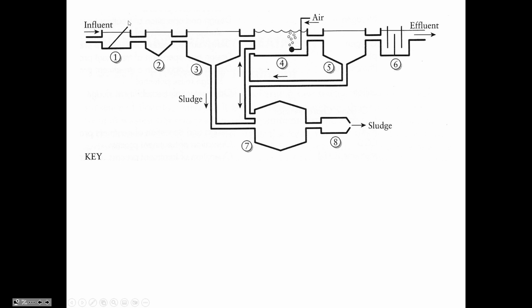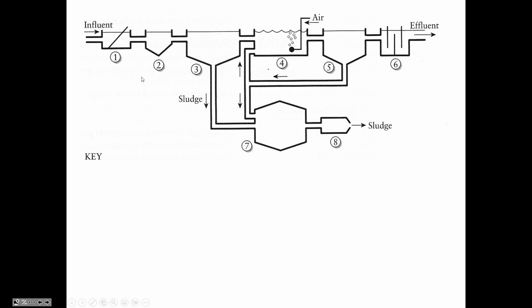And so here stage 1 would be kind of a catch-all for any kind of conditioning that's being done to remove grit, remove debris. It could include a comminutor, which is grinding up any particles that need to have their size reduced.